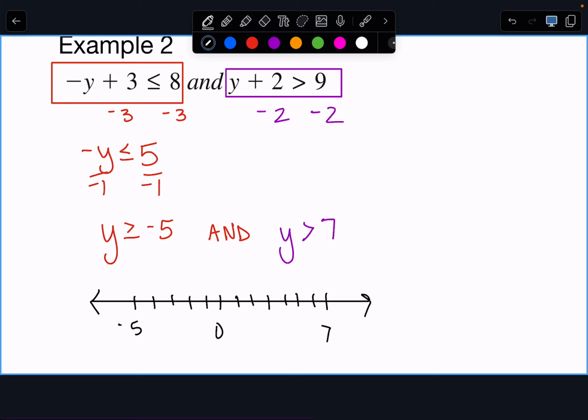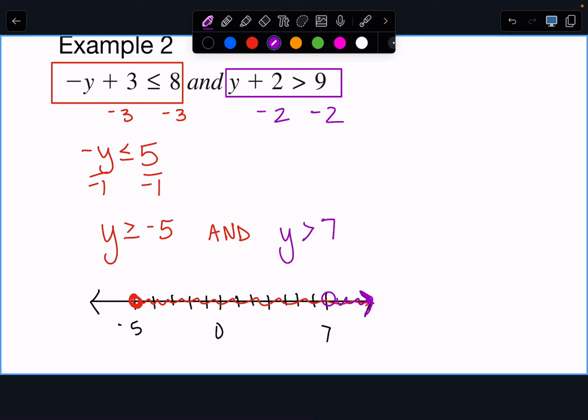Well, let's look at what happens, because this is kind of weird. What do you notice about both of those inequalities? They're both greater, I mean, one's equal to, right? But they both have greater signs. So when I graph this, I have -5 and above. I have 7 and above.